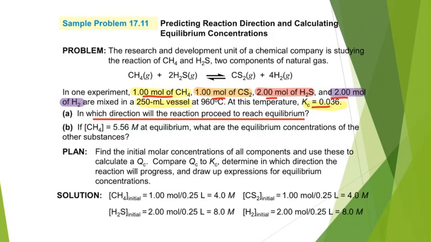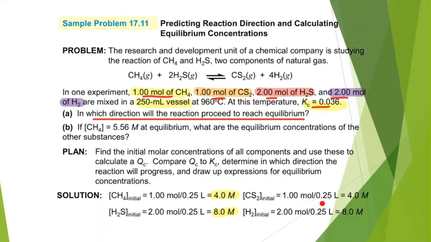Okay, so for the CH4, 1 mole over 0.25 liter, the concentration is 4 molar. H2S, 2 mole over 0.25 liter, the concentration is 8 molar.